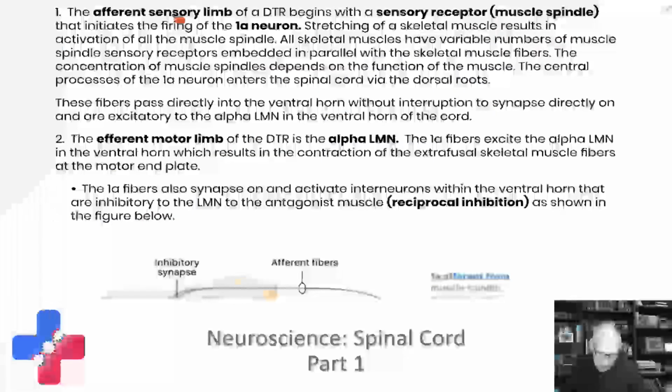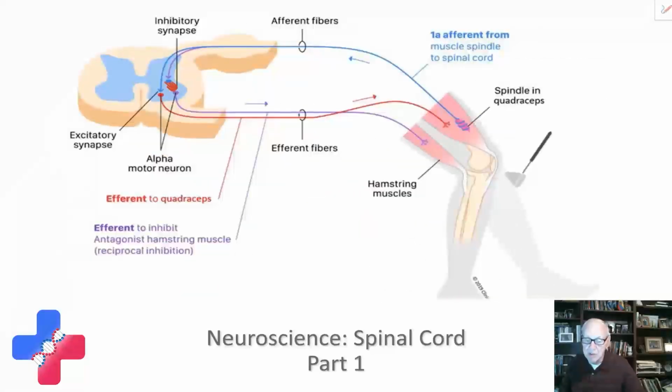Now here's another example of a deep tendon stretch reflex. Probably the most common one you do, of course, is the patellar reflex. Here you take the mallet and hit the tendon. This is the insertion tendon of the quadriceps. When you hit the quadriceps tendon, you stretch the quadriceps, and you fire all the 1A fibers coming out.